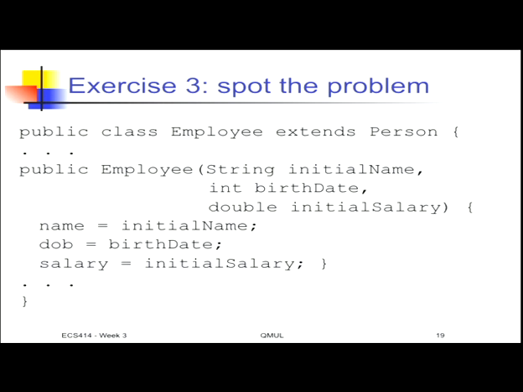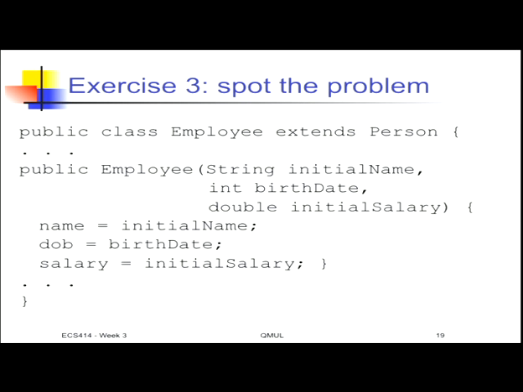Let's see what is the potential problem, and how we would want to proceed. Say we have a public class Employee extends Person, and then we have the constructor. In the constructor, we want to give an initial value to the instance variables. So we have a public Employee that takes 3 arguments: the name of the employee, the date of birth of the employee, and the initial salary of the employee.